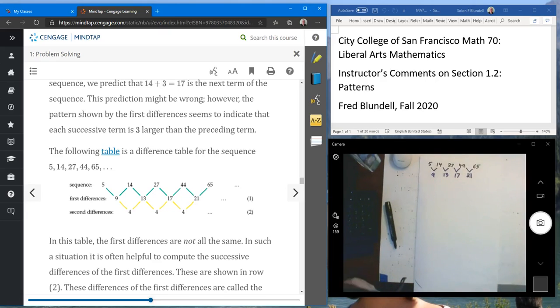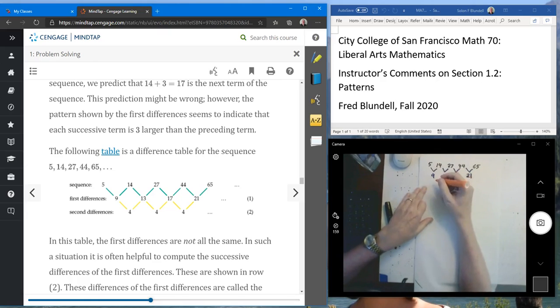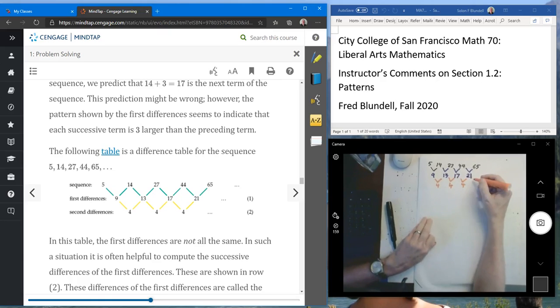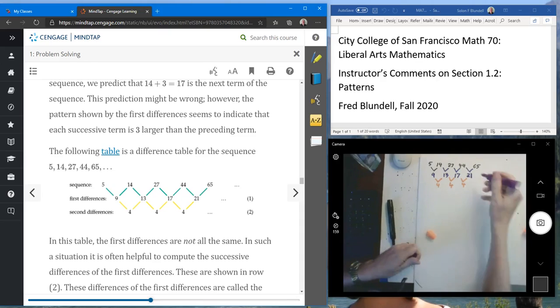So the differences are not the same every time. Okay, but if you go one more step, we're going to say now they are the same. So these ones are going to, 9 plus 4 is 13, and 13 plus 4 is 17. So these ones go on. So if I wanted to predict what's the next number, that problem is easy enough.